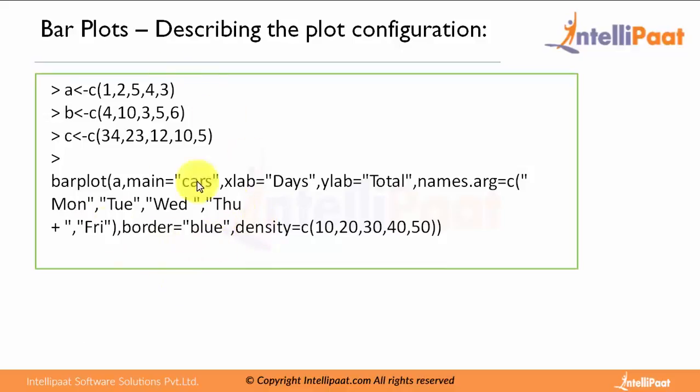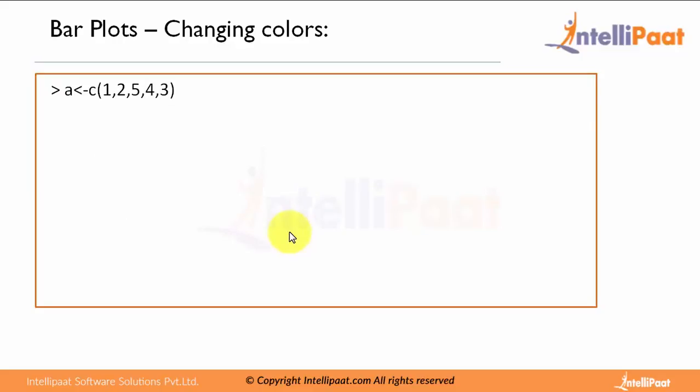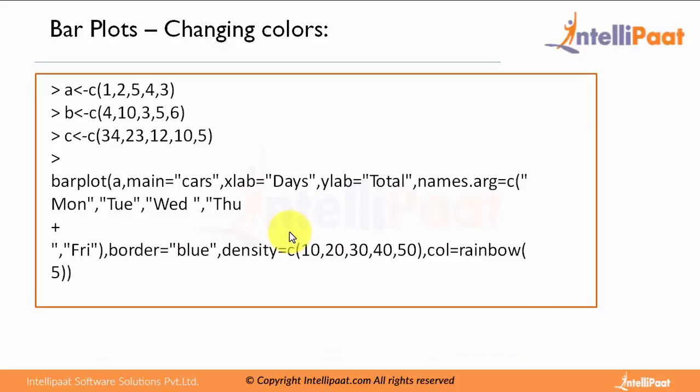Then for the borders, we are saying blue, red, whatever you want. And density accordingly you can specify. The first example we saw wherein density is written in ascending order. The same thing is written here.